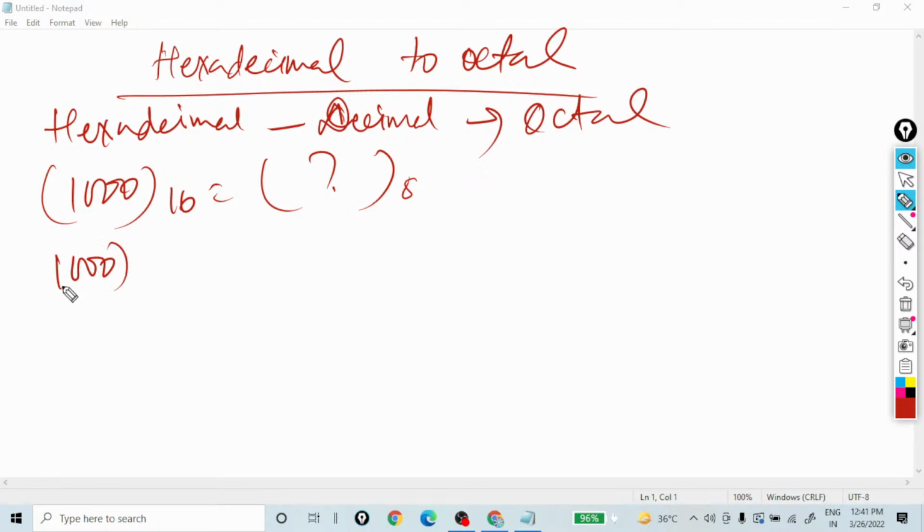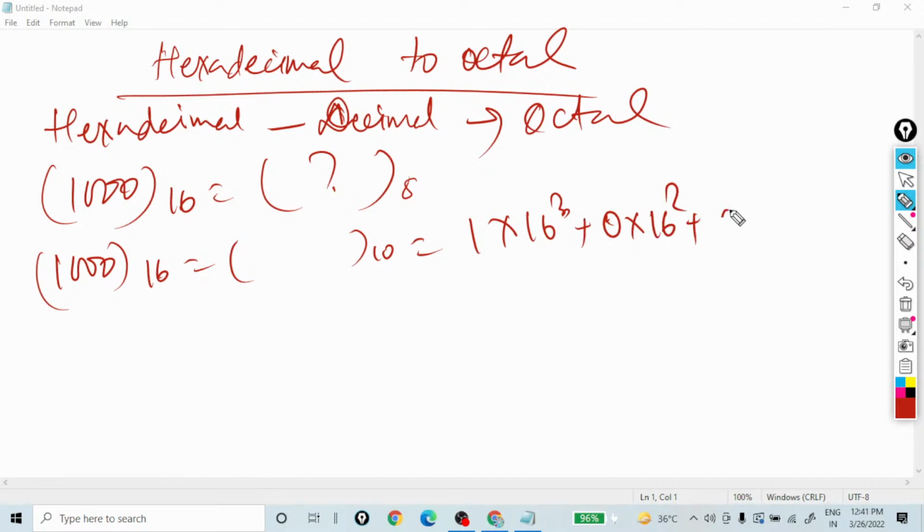That is 1 into 16 to the power 3 plus 0 into 16 to the power 2 plus 0 into 16 to the power 1 plus 0 into 16 to the power 0. So that will be, as we already know, 4096. This is hexadecimal converted into decimal format, right?